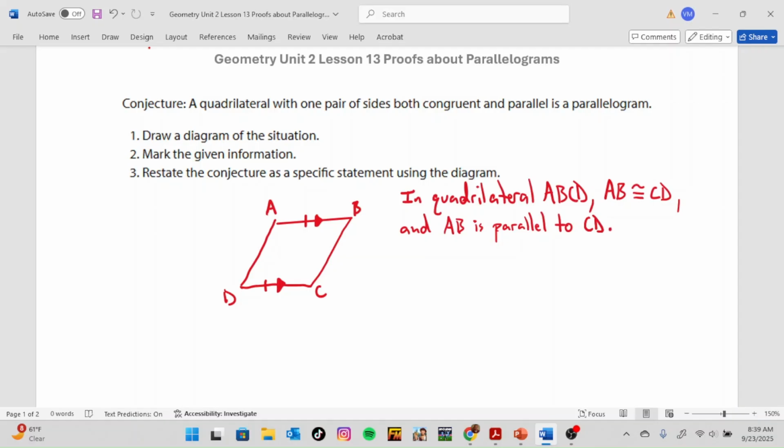Now, this is where we get into making it a conjecture. We've already made it specific using the diagram, that's this first sentence. We've named the quadrilateral instead of just calling it a random quadrilateral.